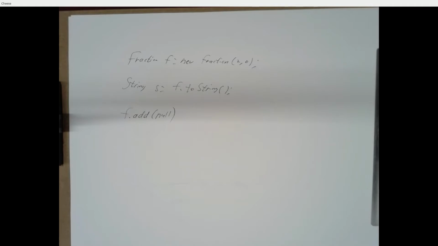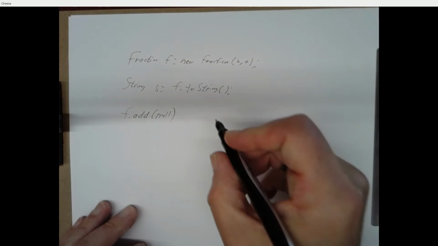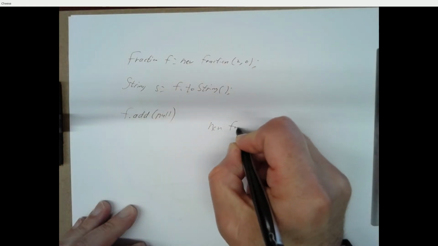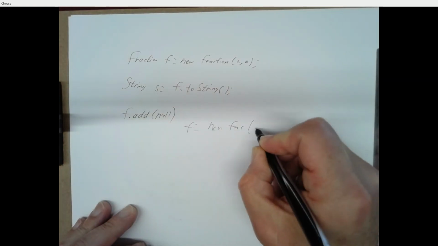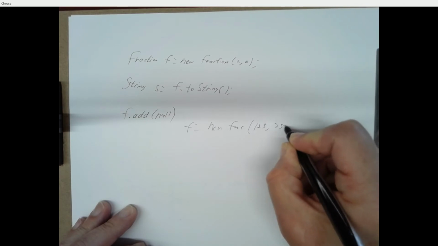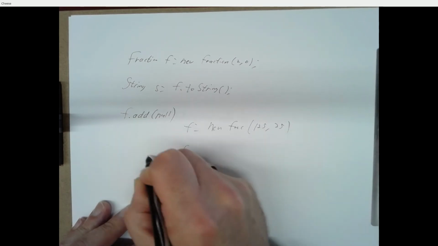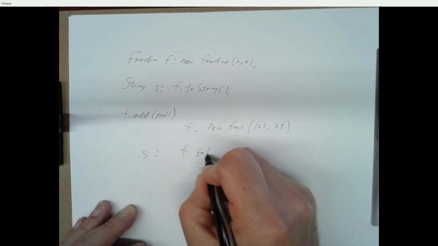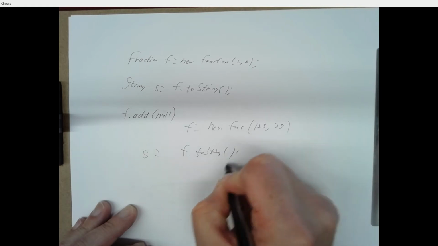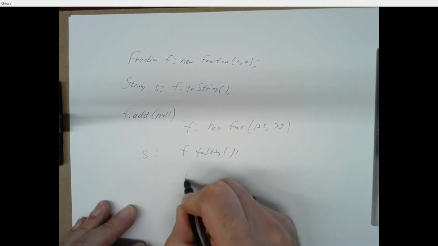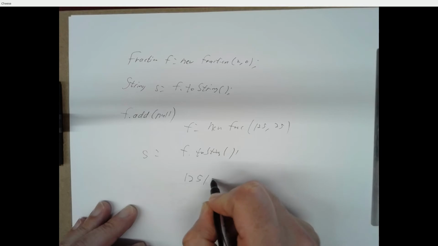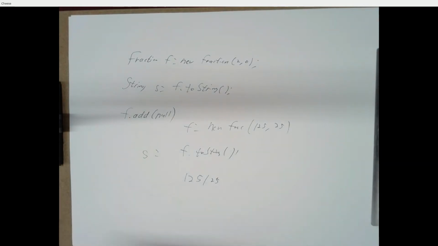Now, because, should I? Well, suppose I make a fraction 125, and I say s equals f dot toString. If I end up with s equals 125/25, right, that's not what we want.